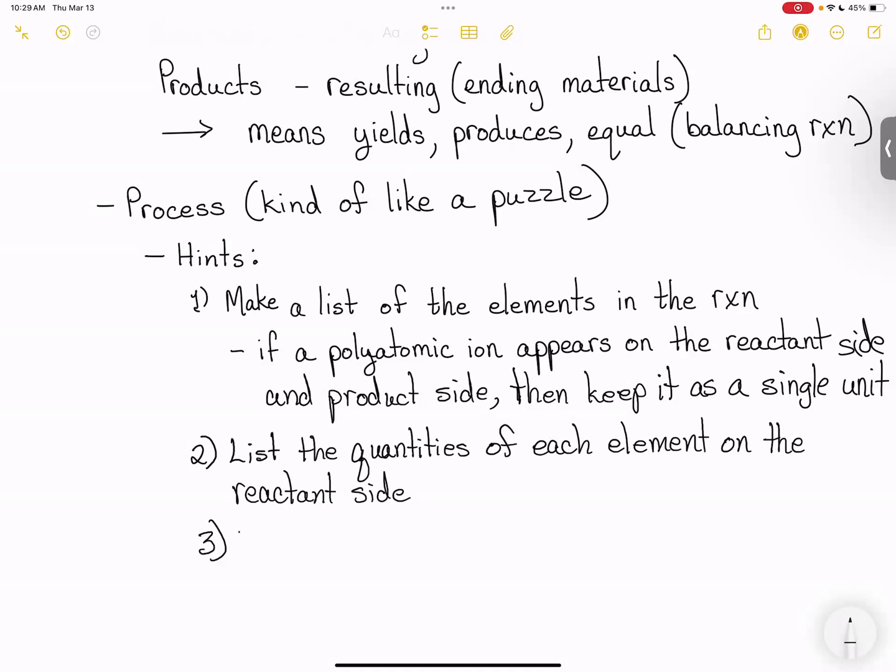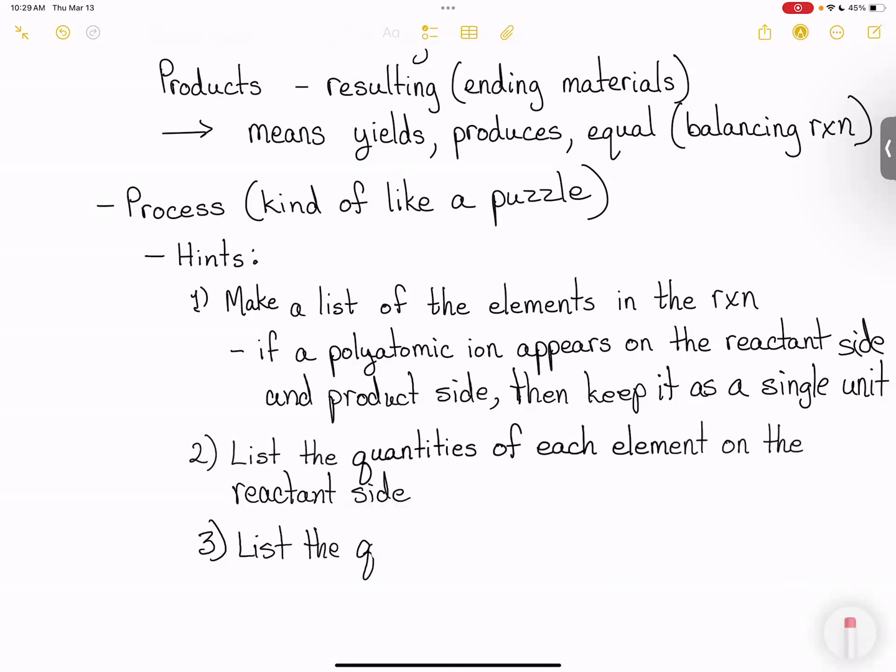Then list the quantities of each element on the product side.